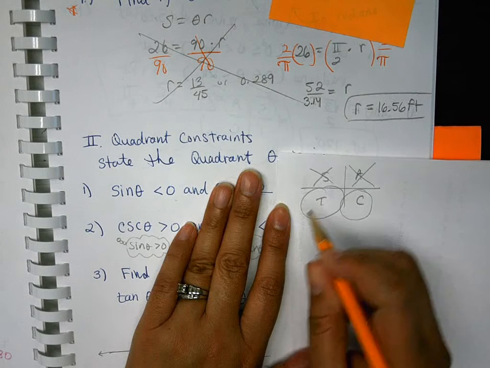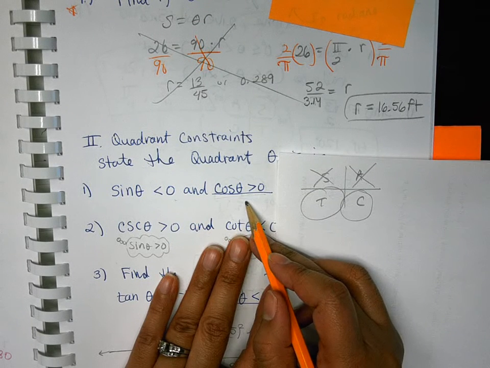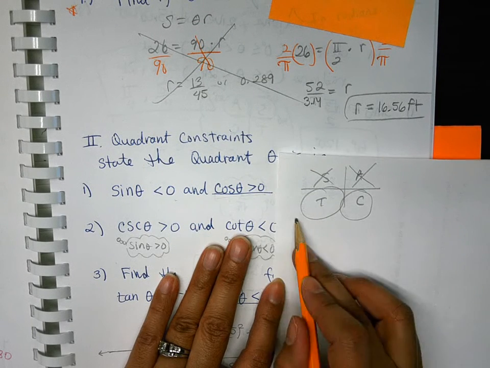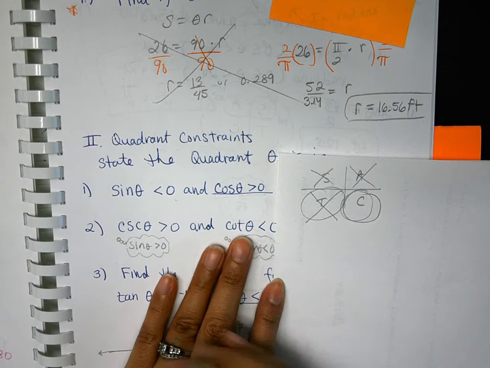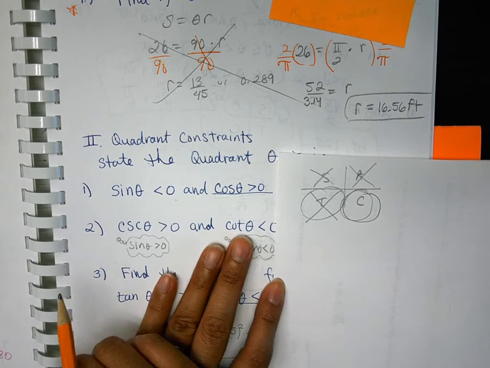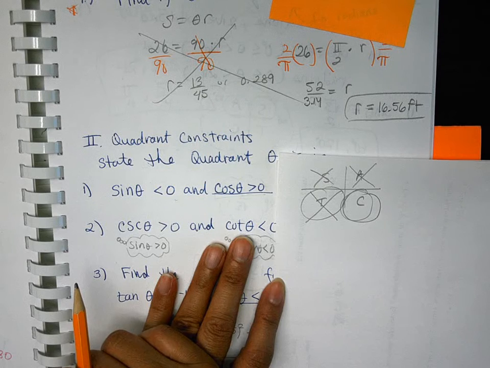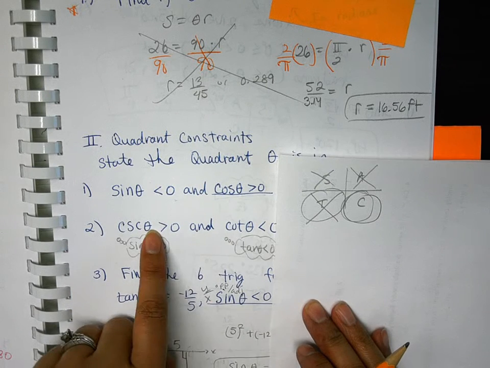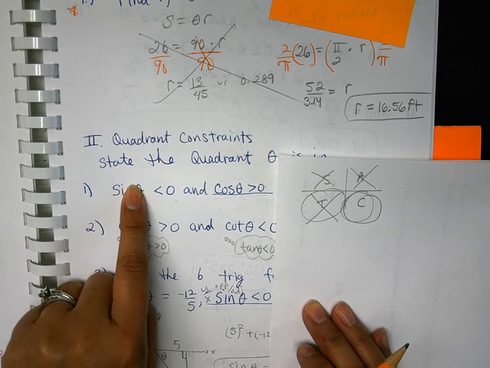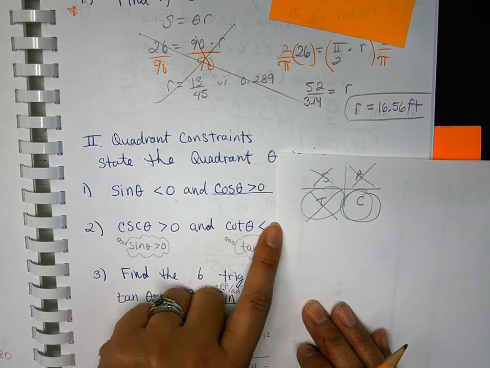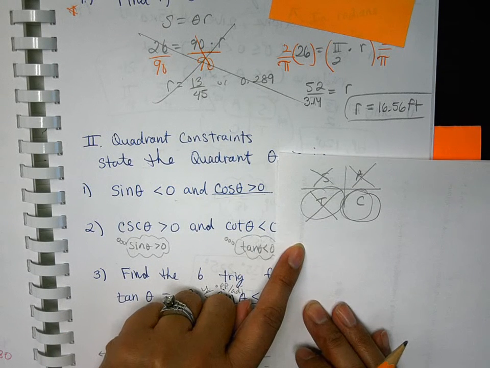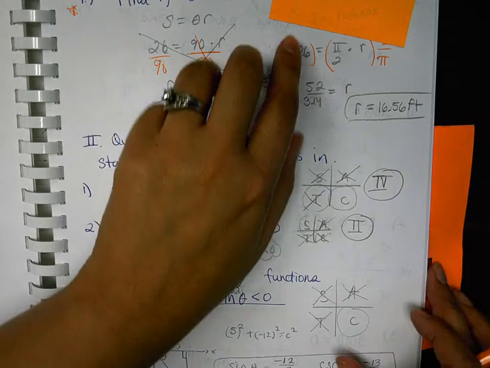If cosine is positive, which quadrant do you have to be in? 4, because that's the only place where sine is negative and cosine is positive. Do you guys remember that? Yeah. So you needed these two pieces of information. The first one to narrow it down to 2 quadrants, and the last one eliminates down to 1 quadrant. Yes? All right. That's what we're going to use here.